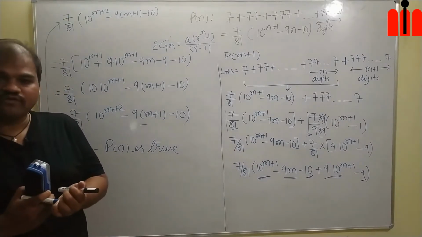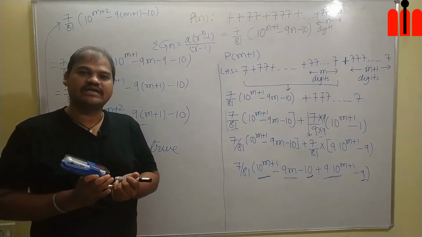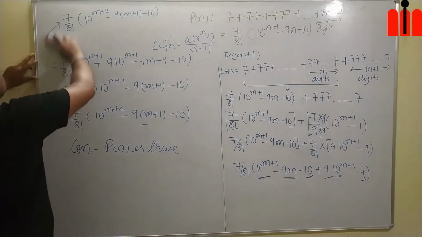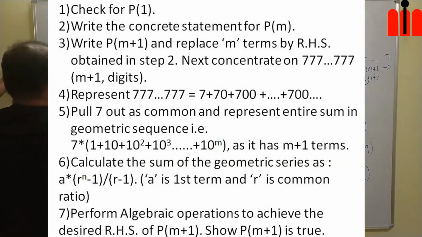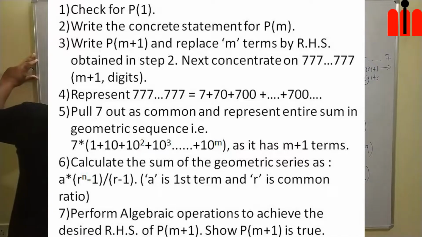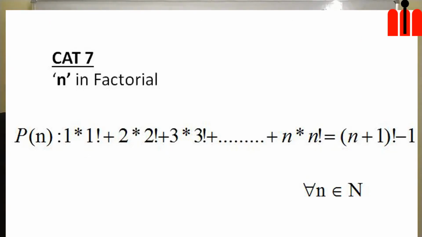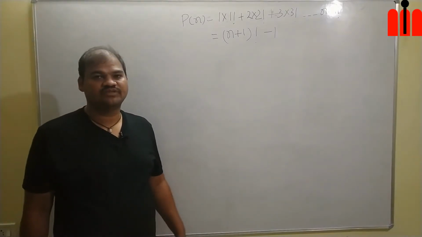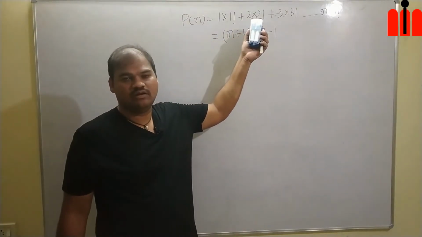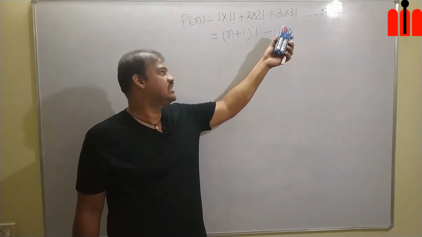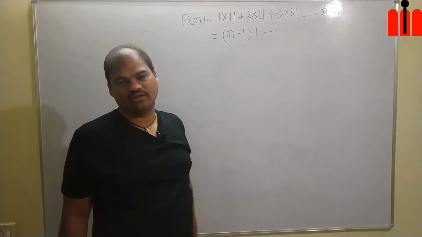Okay. Now we will move to our category 7. I will rub this out. My problem is 1 into 1 factorial plus 2 into 2 factorial plus 3 into 3 factorial till n into n factorial.